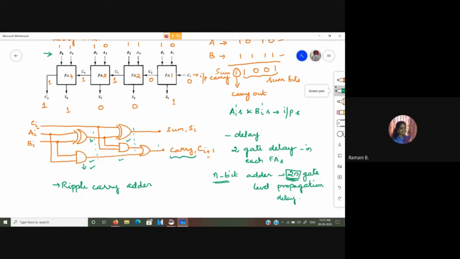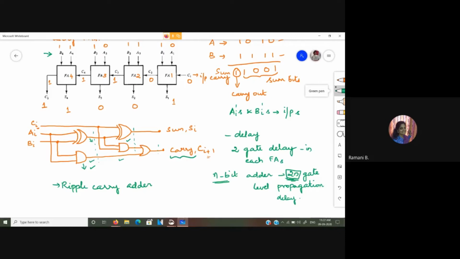The name ripple carry is because from the first full adder, the carry output is given as the input to the next full adder. Then the carry output of the second full adder is given as the input to the third full adder. Likewise, the action is going on. So we call it the rippling effect, right? As it propagates from one to the next, we call that the rippling action.